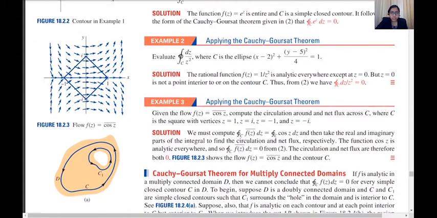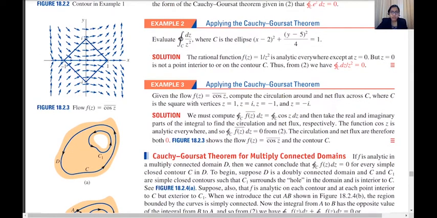Now let's move on to the next example. We are given the flow f(z) = cos z̄, that is, cos of z conjugate. We are asked to compute the circulation and the net flux. We know circulation and net flux come from the integral over C of f(z) conjugate dz.